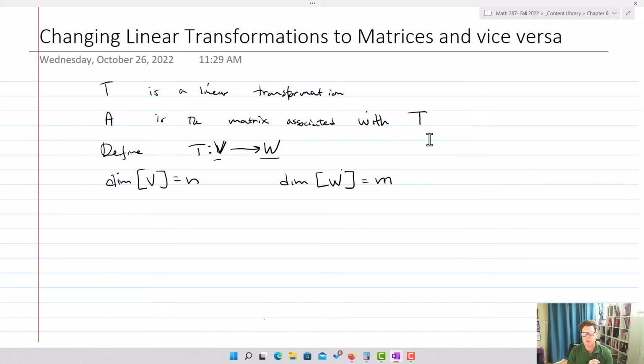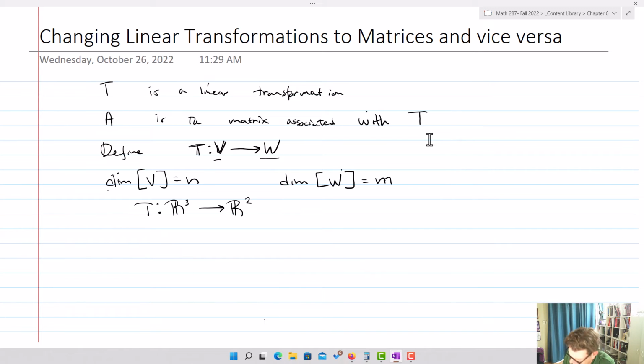So what we're going to do is define my linear transformation T going from V to W. The dimension of V is going to equal N, and the dimension of W is going to equal M. Let's take, for example, T going from R3 into R2.